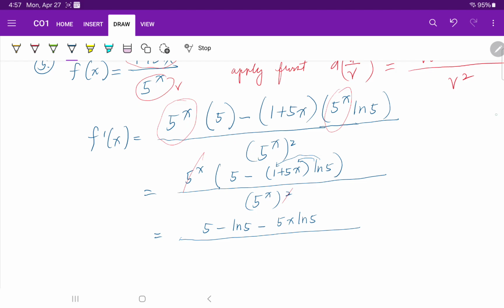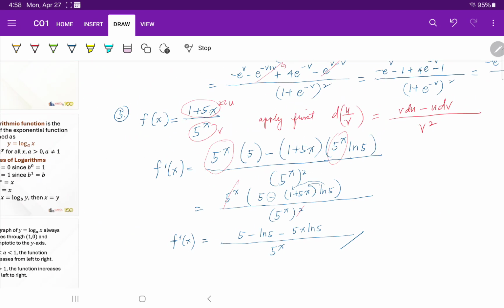It should be plus 5x ln of 5, but you distribute this negative sign. And then we have 5 to the x in the denominator, because the other 5 to the x is cancelled in the numerator. Alright, so we could not group any similar terms in the numerator. So this is the derivative.